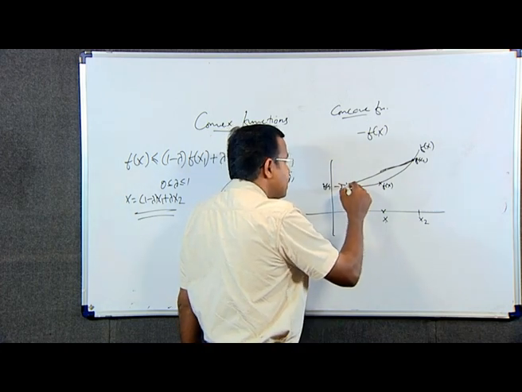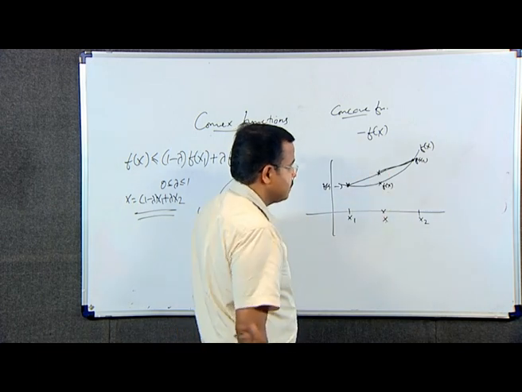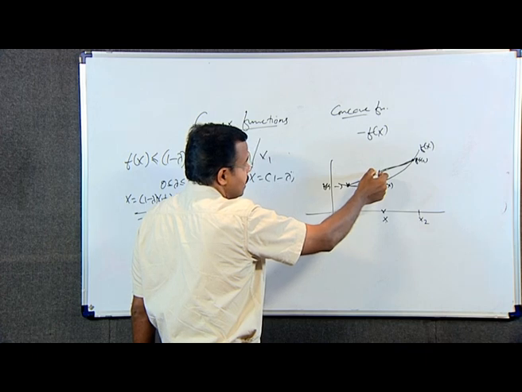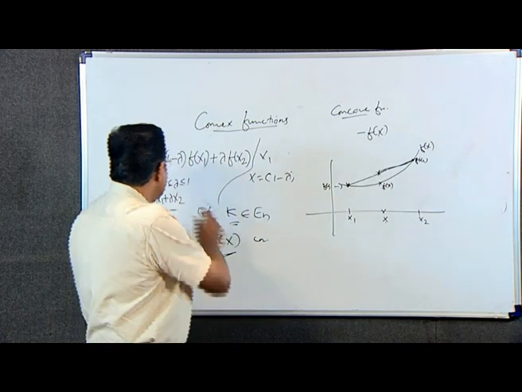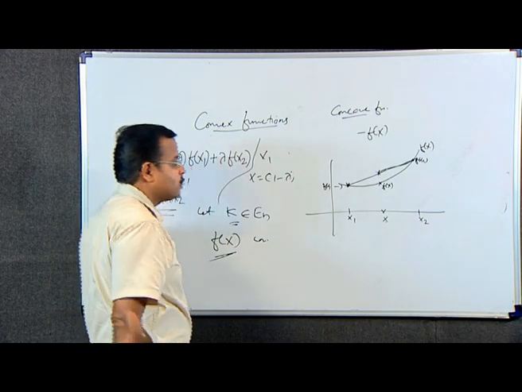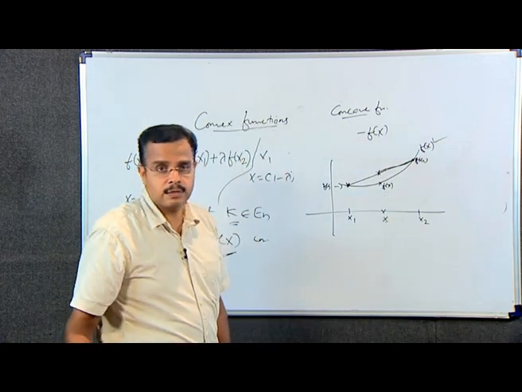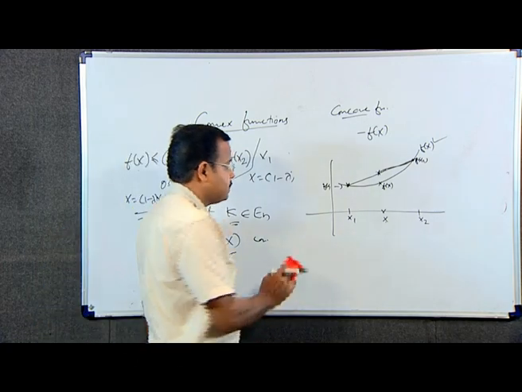But (1 minus lambda) times f of x1 plus lambda times f of x2 is somewhere here. So, f of x is less than (1 minus lambda) times f of x1 plus lambda times f of x2. Since f of x is less than this, the function f of x is considered a convex function. It is a geometrical interpretation of a convex function.